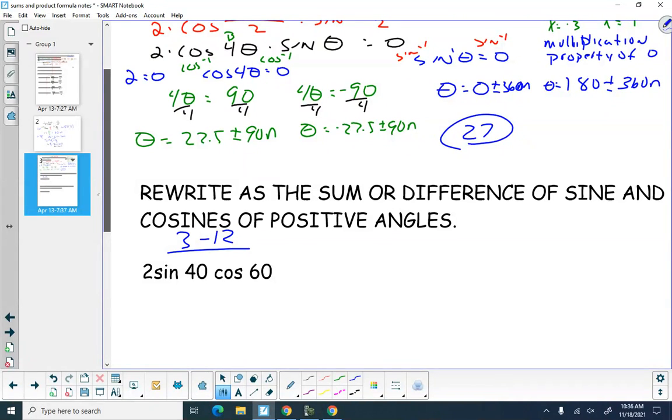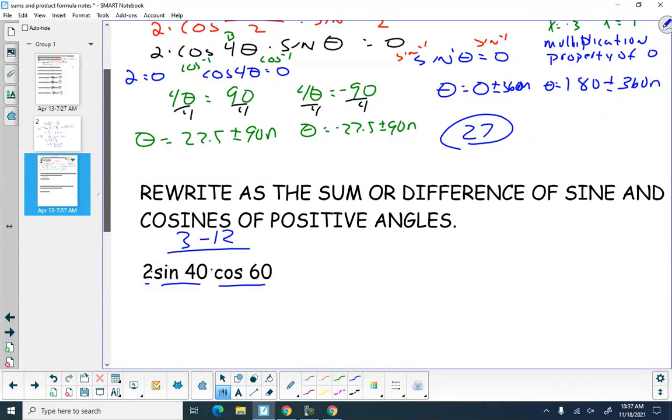What we have is products. We want to write them as sums and differences. So products are on the right-hand side. I'm looking for one that looks like 2 sine of an angle times the cosine of another angle on the right-hand side. 2 sine of something times the cosine of something.